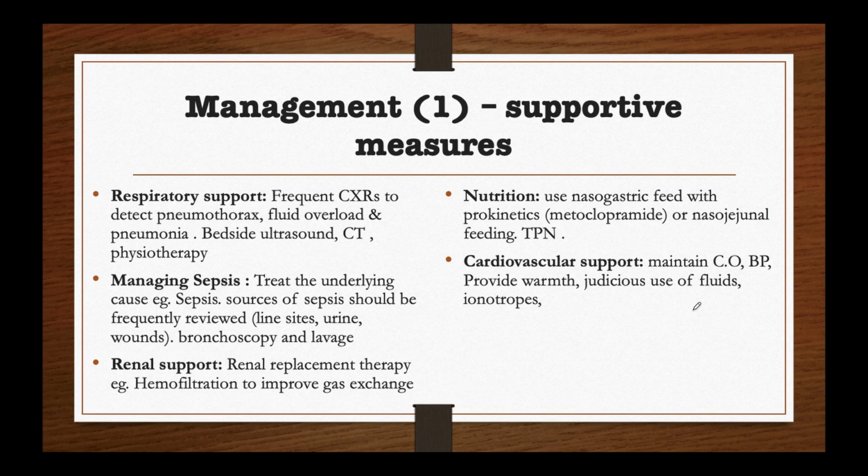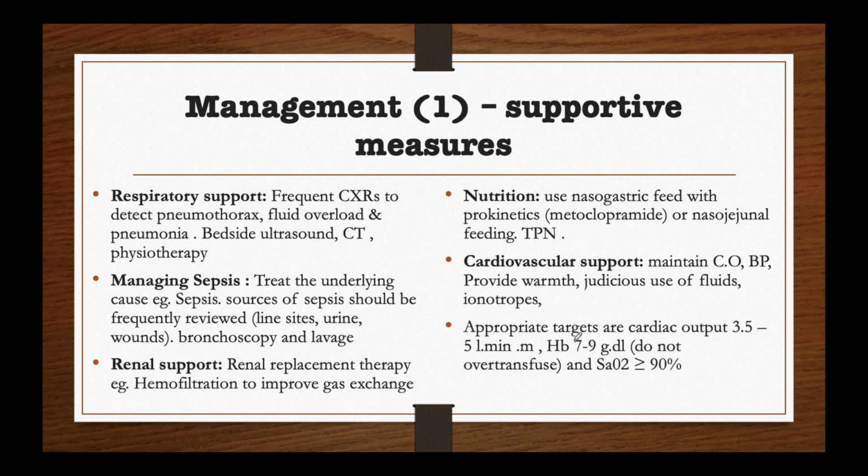Now, we must also make sure that we provide warmth for this patient, and also, like I've said, judicious use of our fluids. Now, the appropriate targets that we set for ourselves with our cardiac output is a cardiac output of 3.5 to 5 liters per minute.